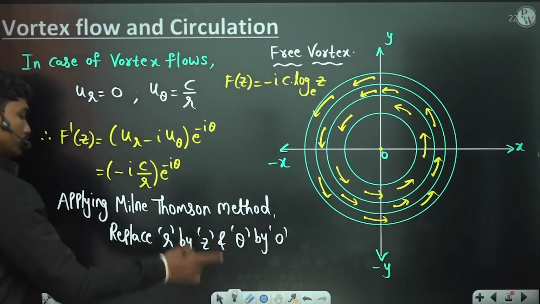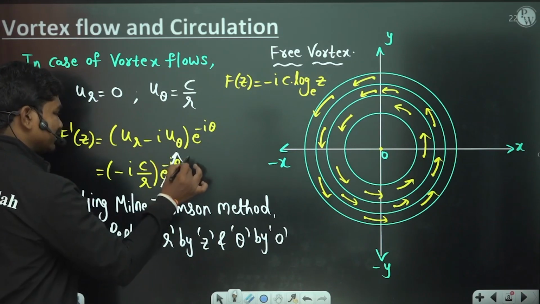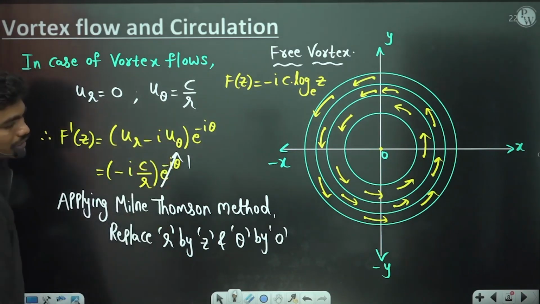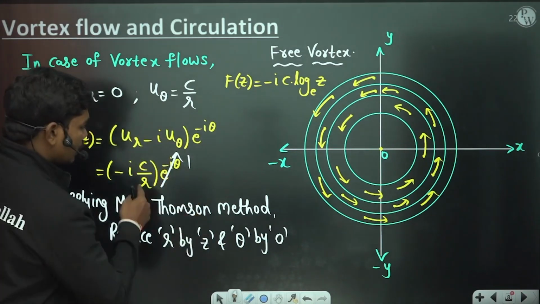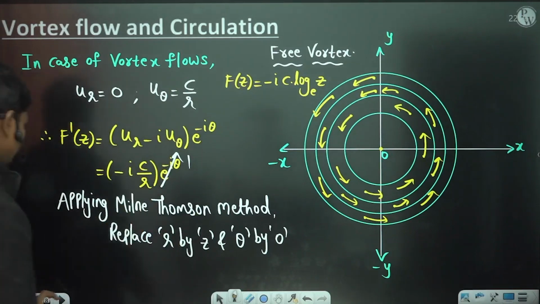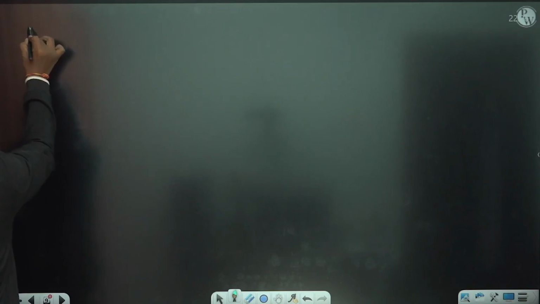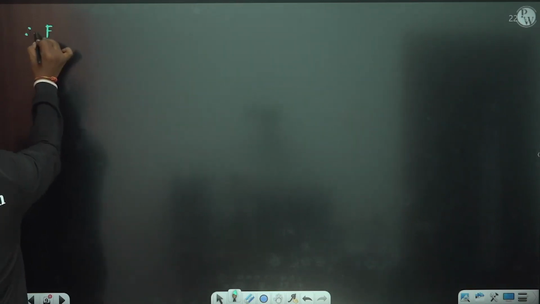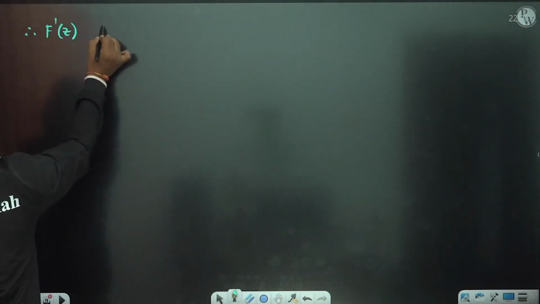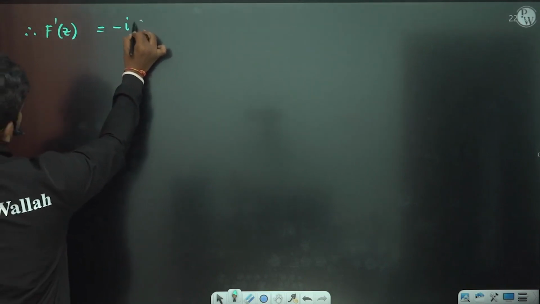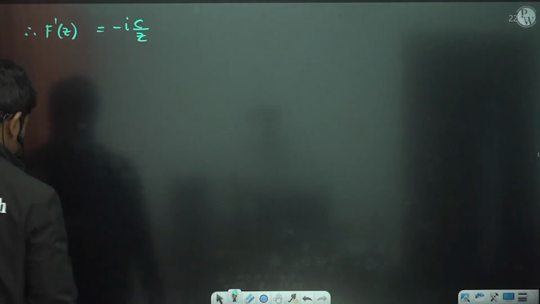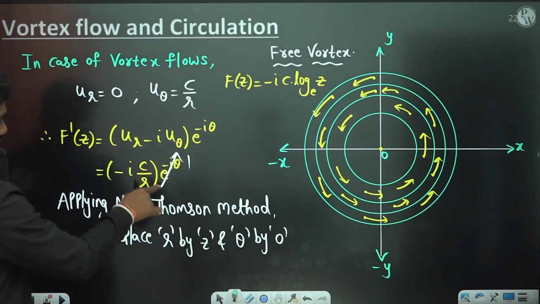When you replace theta by 0, this quantity turns out to be 1 actually. So when you put theta equal to 0, this quantity is 1 and this small r is z. Therefore f dash of z is equal to minus i times c by z. Correct? So this is what you have, minus i times c by z actually.